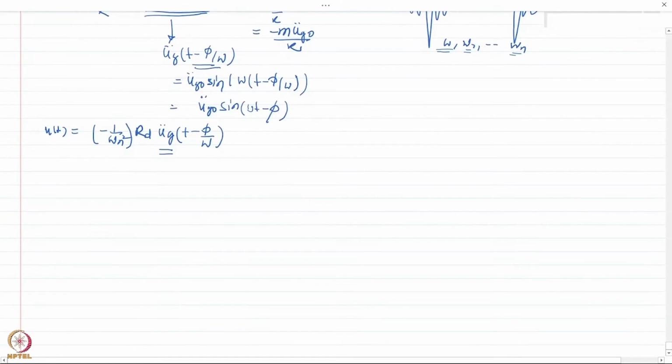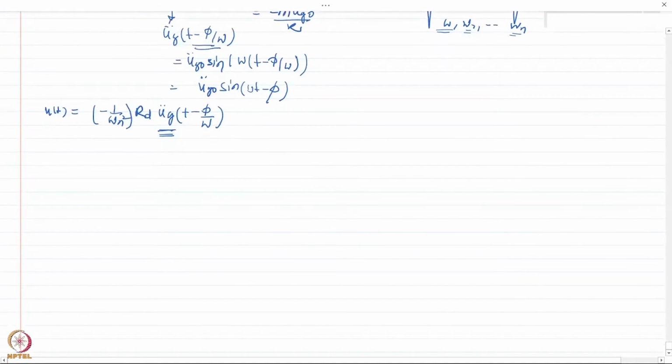How do we measure the excitation? That support excitation actually is nothing but the displacement multiplied with some factor, these factors R_d and this, and with a phase difference of phi by omega.